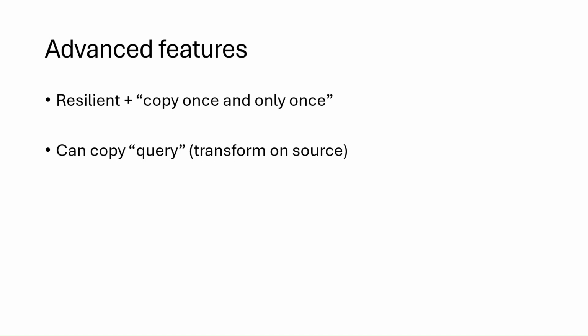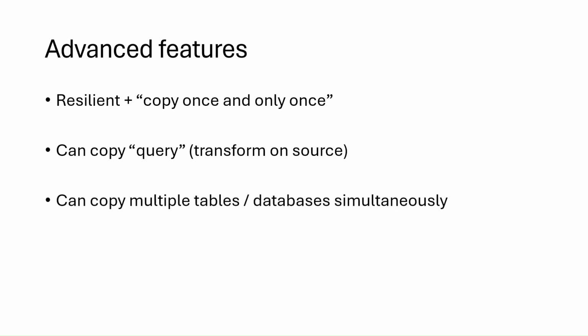You can do transformation on the source. So for instance, you could not only copy the table itself, but you could remove columns, filter out rows, or transform things. Basically, you can copy a query instead of copying a table per se. You can copy multiple tables simultaneously in one run instead of running the tool multiple times.